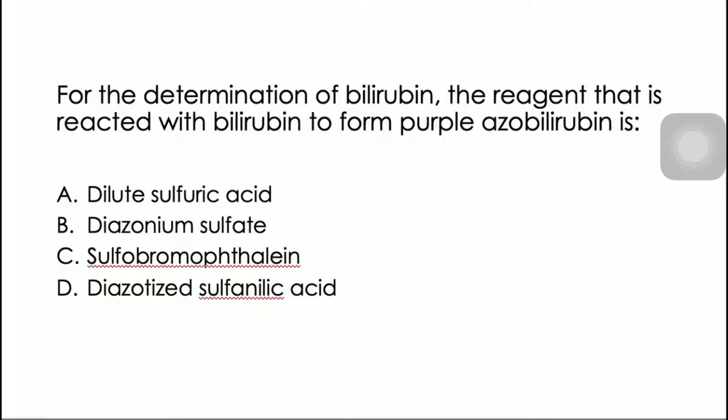Kanina, sa unang-unang slide natin, for the total bili, the reference value is 0.2 to 1 milligrams per deciliter. And total bili is composed of your B1 and B2. So B1 is your unconjugated bilirubin. The reference value is 0.2 to 0.8. While for the B2 conjugated bilirubin, the reference value is 0 to 0.2.